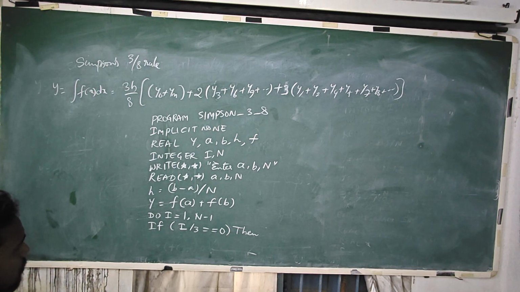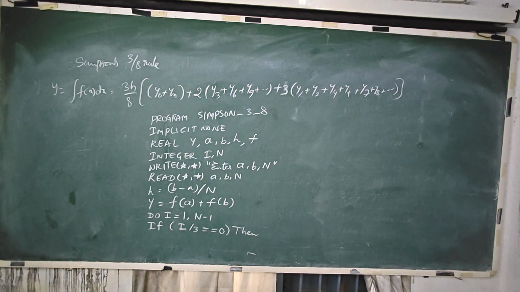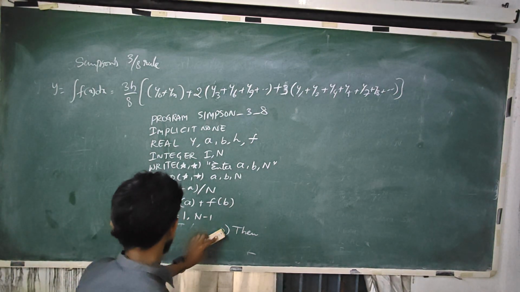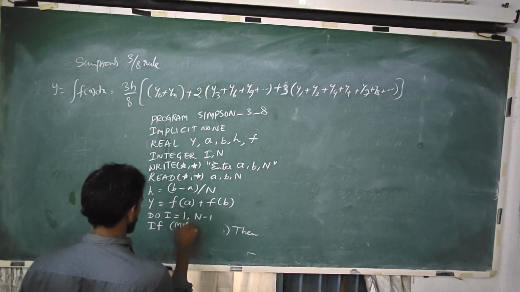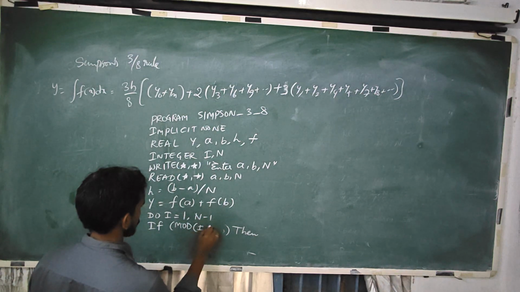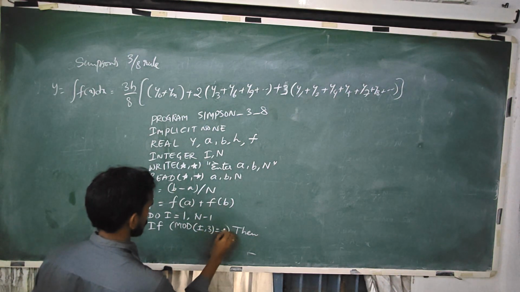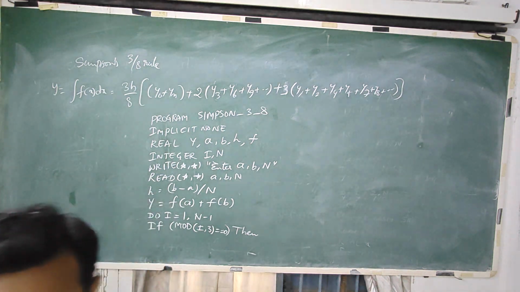So I have to look for the remainder. Select if mod I comma 3 equal to 0.